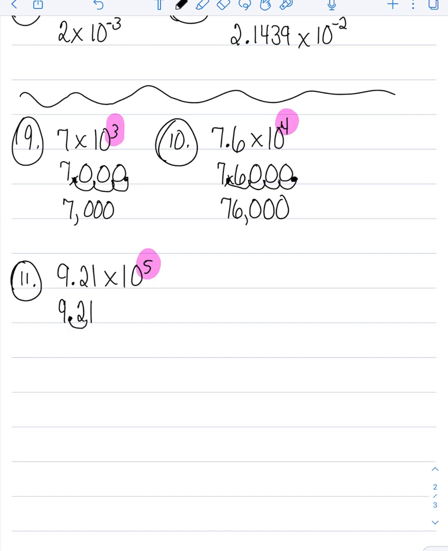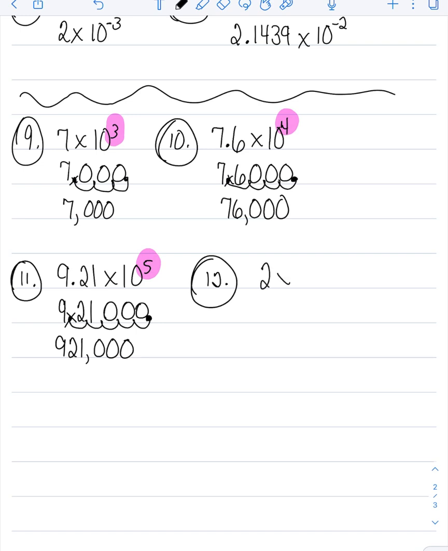So I'm going to jump 1, 2, 3, 4, 5. There's where my decimal is now. And remember, I fill in the empty dips with zeros. So this number in standard notation is 921,000.